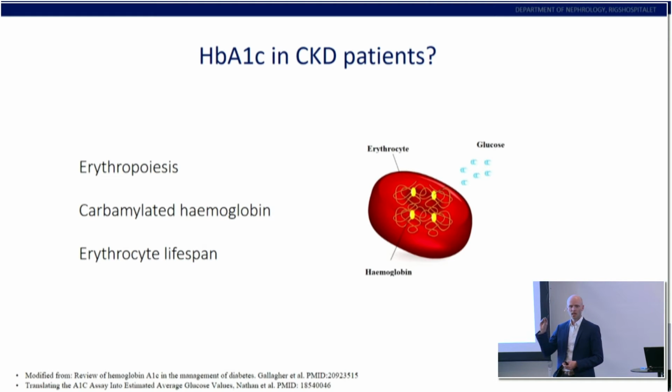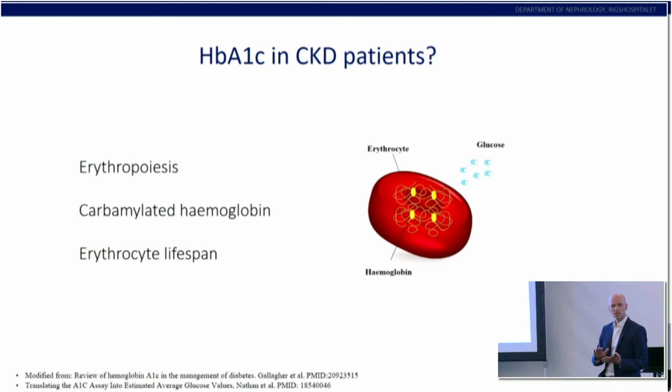So there are studies showing that when patients are on dialysis, the lifespan of erythrocytes is diminished. And why is that important? It is important because the glycation of A1c is a function over time. That means that if an erythrocyte lives a long time, more glucose can bind, and if it lives a short time, less glucose will bind, and that will affect A1c levels.